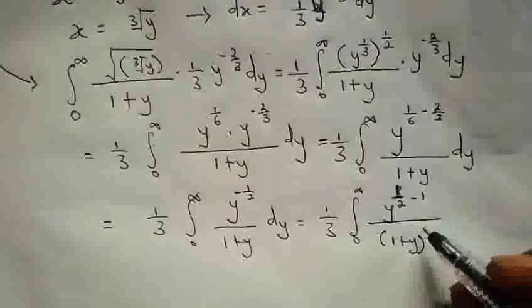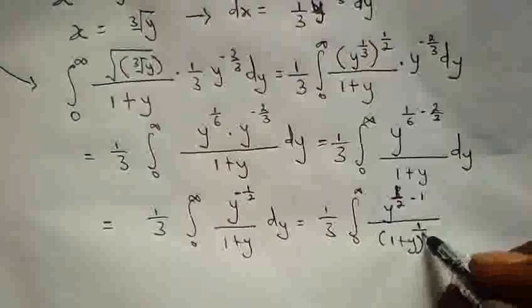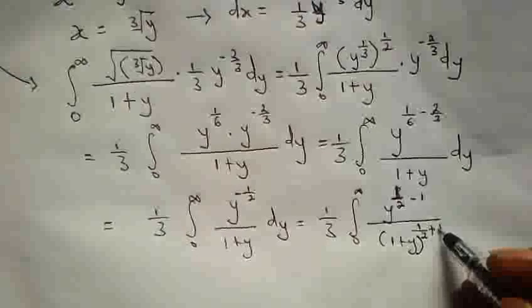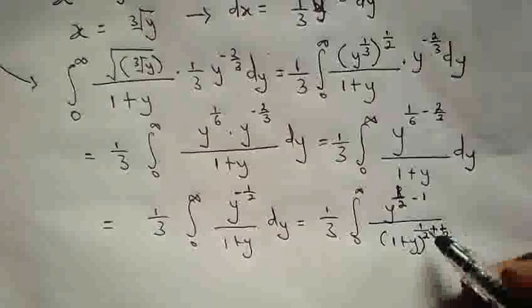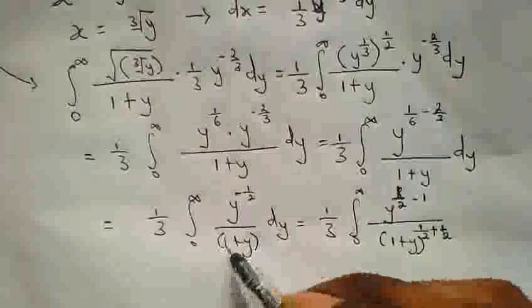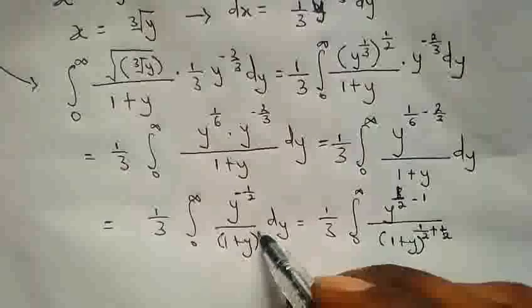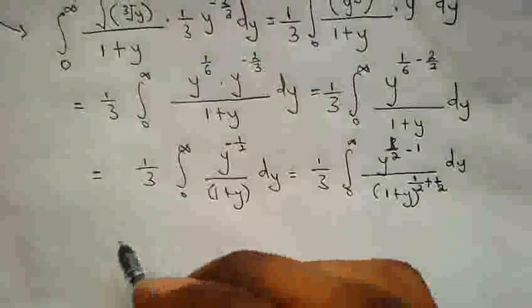Remember the property of the beta function, so we can write 1 over 2 plus 1 over 2 here, because the power of this 1 plus y in this bracket here is just 1. Then we have here the y. So we can use our function now.